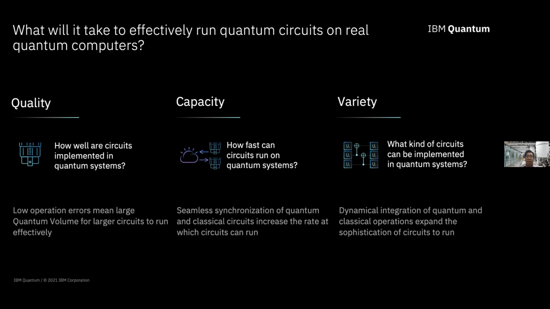So quality is effectively, on real noisy systems as they are implemented today, how well do the circuits actually run, right? This is clearly guided by having low operation errors, low two-qubit gate errors, low single-qubit gate errors, high readout fidelities. All those elements feed into high performance in terms of the circuits that can be run.